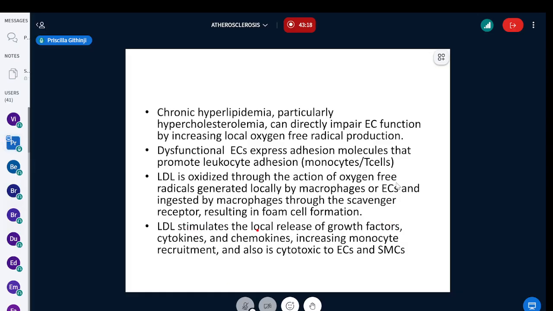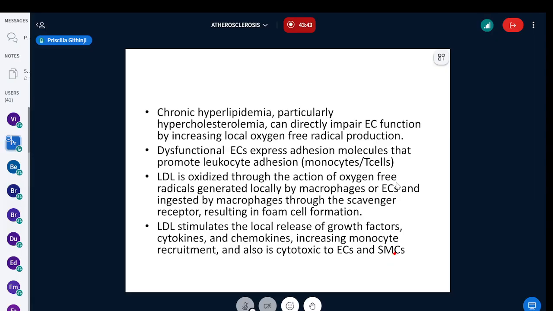So the LDL stimulates the local release of growth factors, cytokines, and chemokines, and this increases monocyte recruitment. So you have more monocytes migrating, and it is also cytotoxic to endothelial cells, causing more endothelial cell damage, and this is also toxic to your smooth muscle cells.